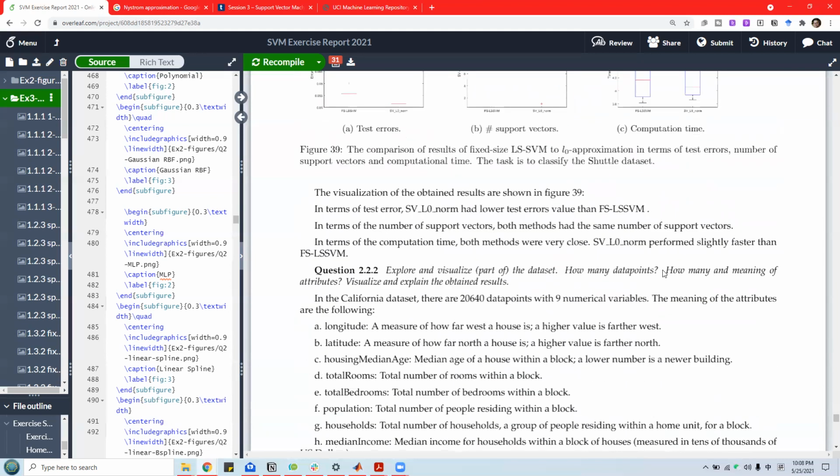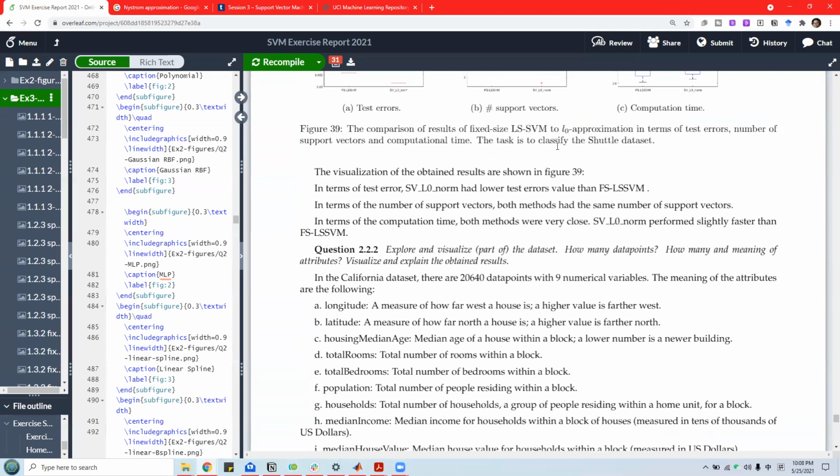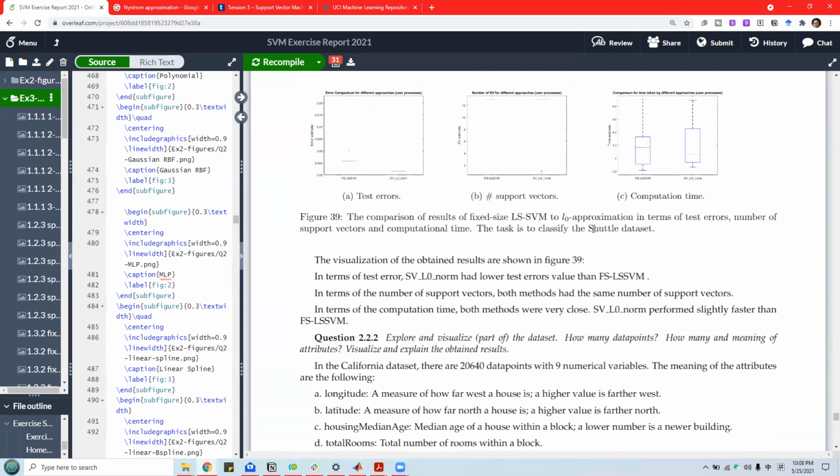If you search for the California housing data set, there... Sorry, you mean about the Shuttle data set? Did anyone find anything about the full description of the Shuttle data set attributes?